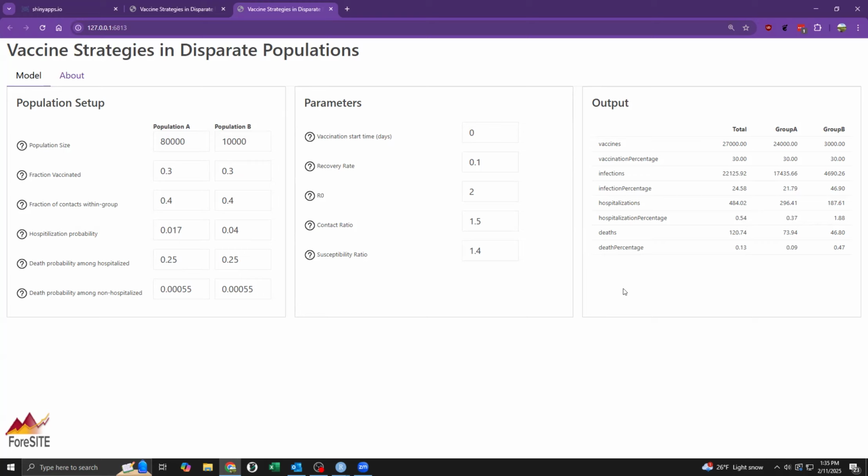One of the interesting things that they concluded out of the New York study of early COVID was that they compared a model that put the disparity mechanism in the contact ratio versus the susceptibility ratio, which produces somewhat different dynamics.